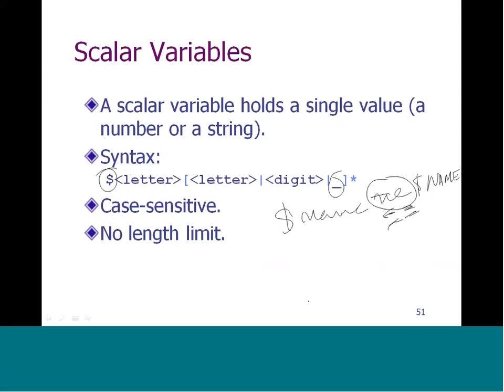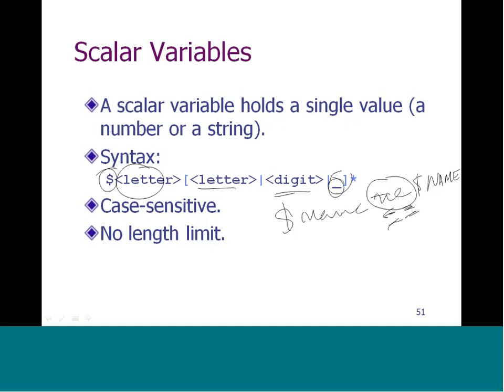We always typically have a letter as a starting point. In the syntax, we start with a letter, then we can have any digits or letters, or even an underscore. So $123 is not allowed as a variable, whereas $A123 is okay.